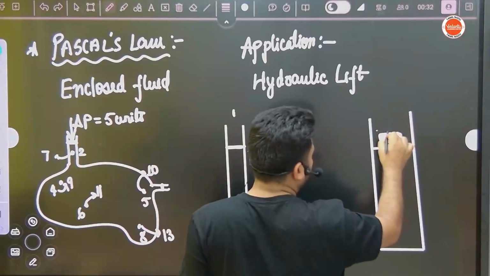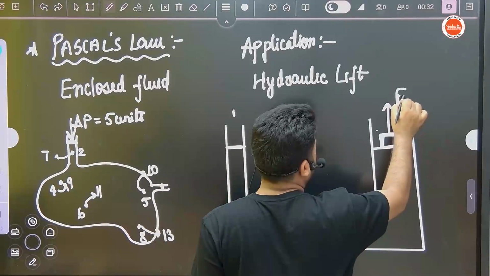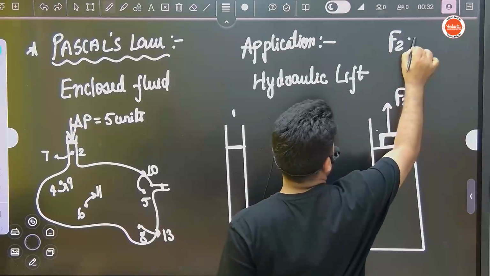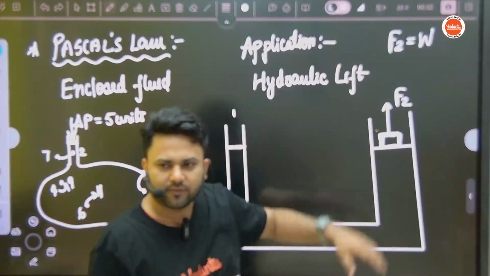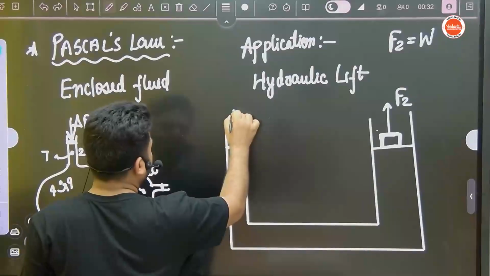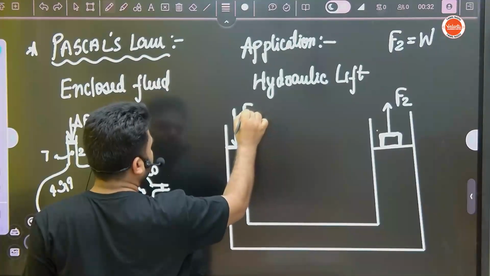So what do we have to do? We have to apply force F1. Suppose F2 I am writing. This F2 should be equal to how much? The weight of the car. Then only it will lift. See what we have to do. Here we have to apply pressure. Here you have to apply a small force only.